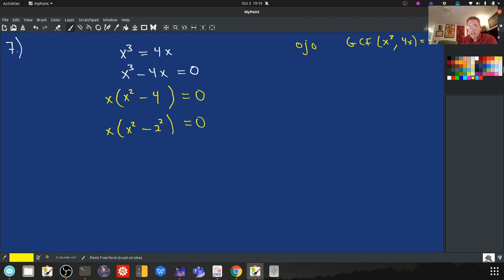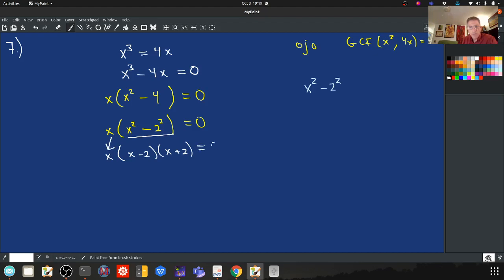So now all I have to do is factor x squared minus 2 squared, and I know immediately what that factorization is. It's a difference of perfect squares. So that's x minus 2 times x plus 2. So remember, the x minus 2 times x plus 2 is what this is. And I have to bring down the x.